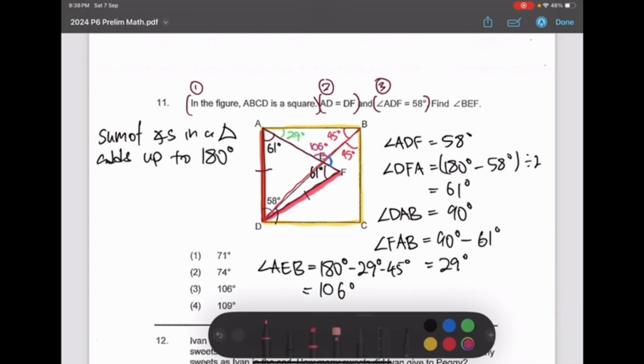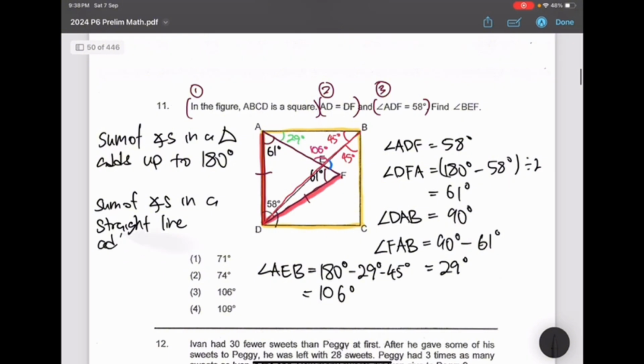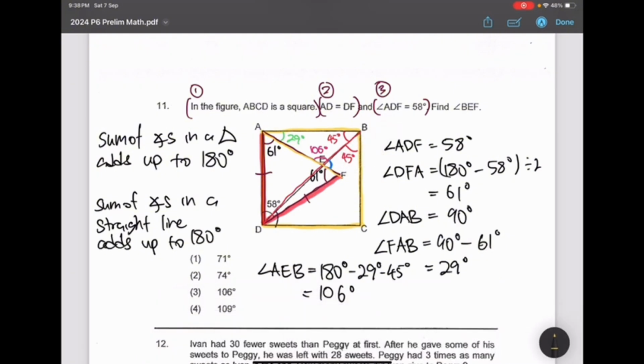Now to introduce you to another concept, the sum of angles in a straight line also adds up to 180 degrees. So from here, can you see that AEF is a straight line? Using the yellow color, I'm going to highlight my straight line. Alright, knowing that that is a straight line, do you think I can find angle BEF?